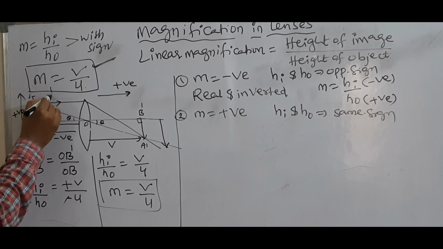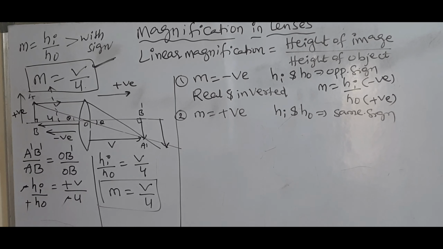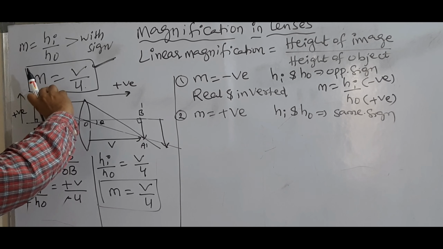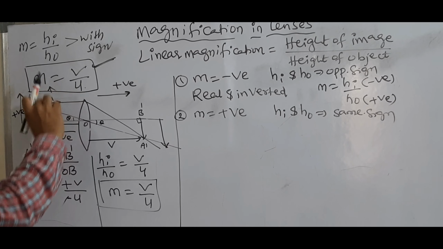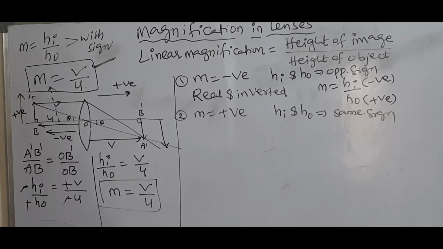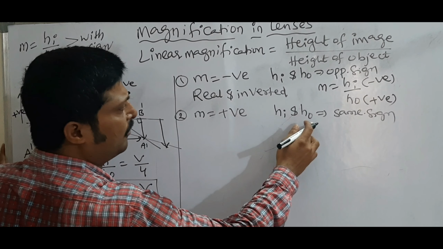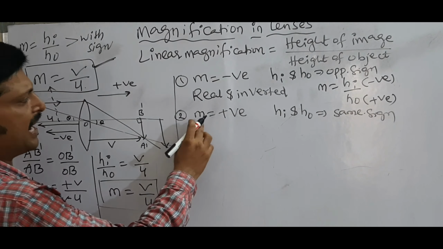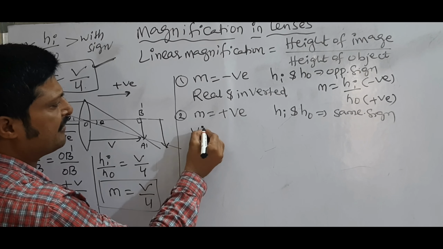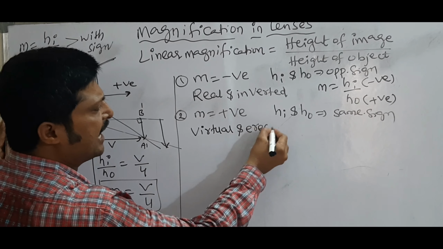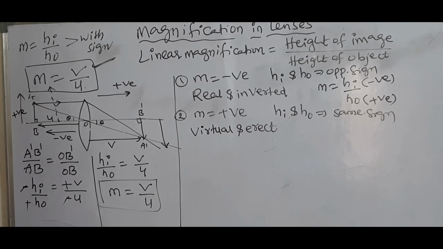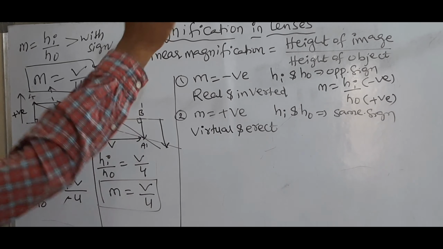We know very well, in the case of a virtual image, the image is formed on the same side of the object, and height of image is positive because it is above the principal axis. So height of image and height of object are both on the same side, and magnification is positive. Magnification positive means virtual and erect image.